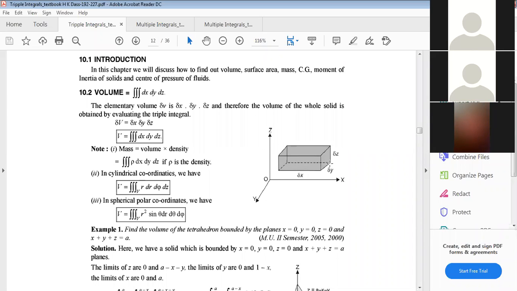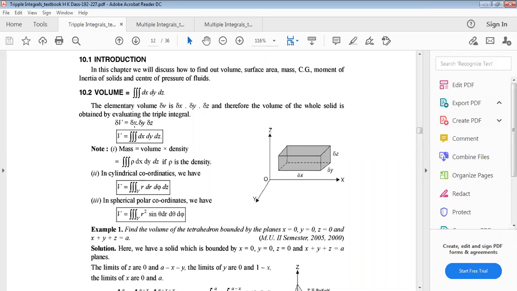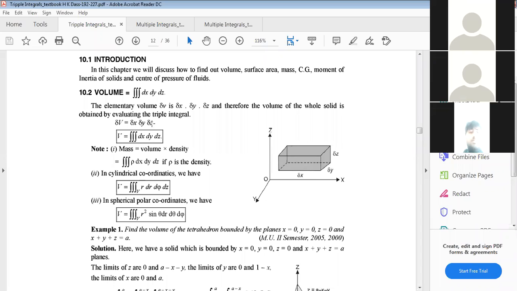The total volume of the solid can be found by taking the triple integration with respect to dx, dy, and dz. Understand? This is the actual formula for finding volume by integration.